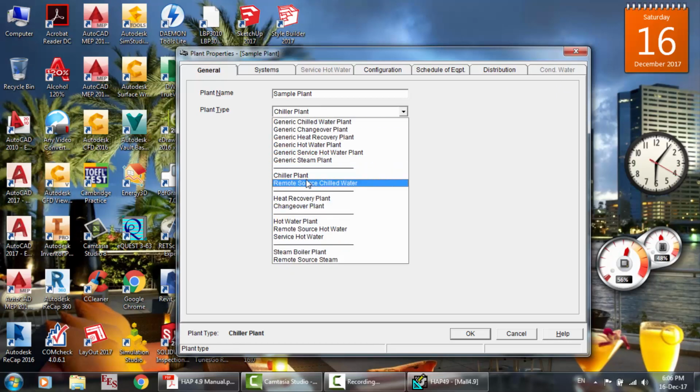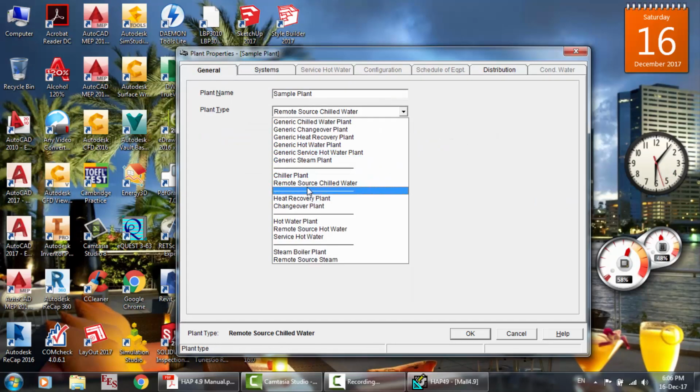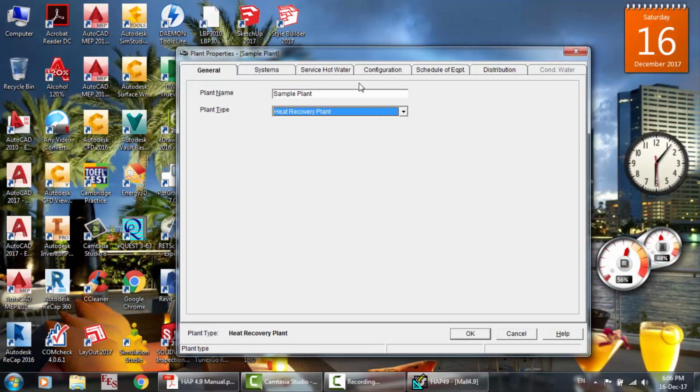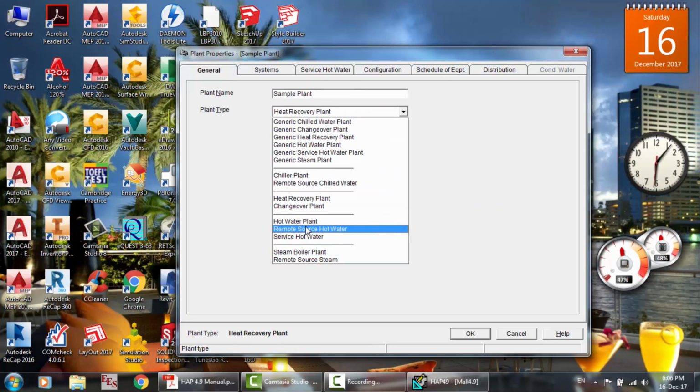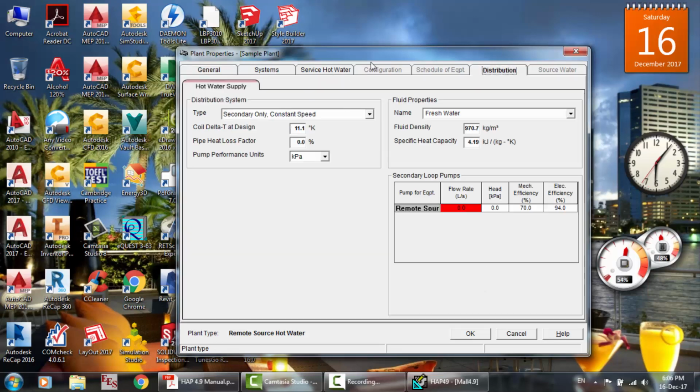For chiller plant and the remote source, you'll find here only the distribution, and for heat recovery, you'll find this. So according to your selection, this will be determined.